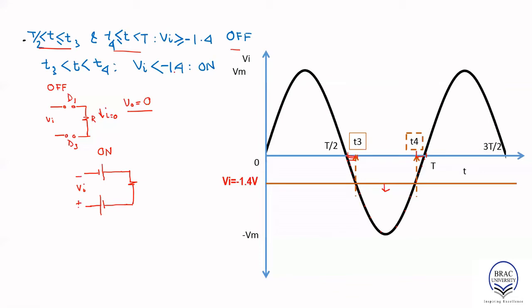Dealing with between T by 2 to T, where the input signal is negative, we already put the signal negative.